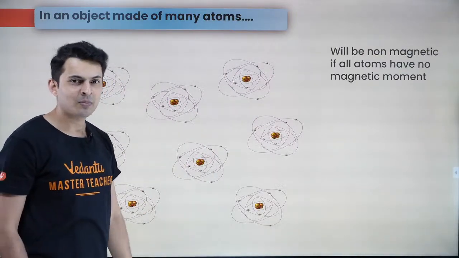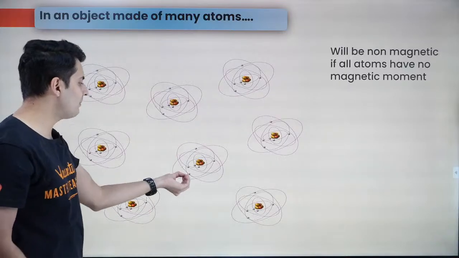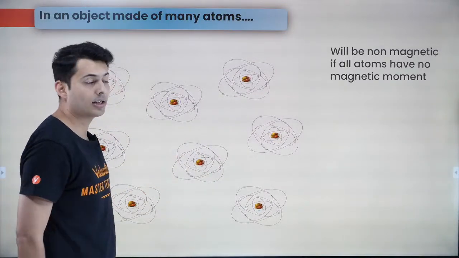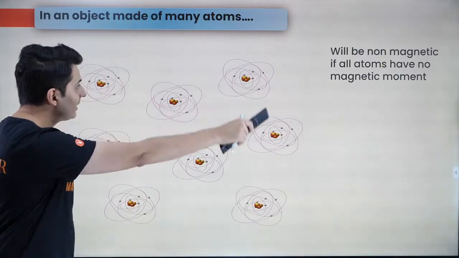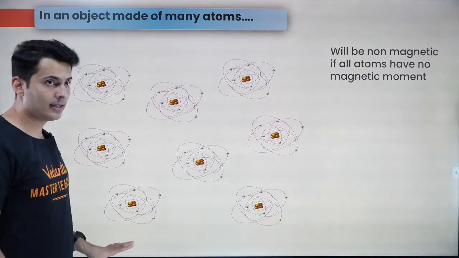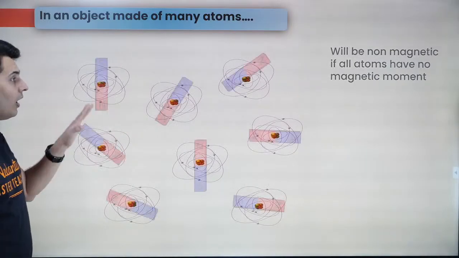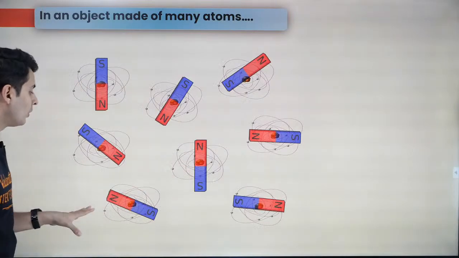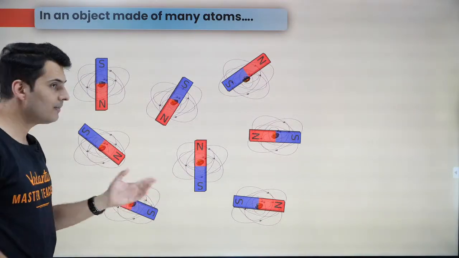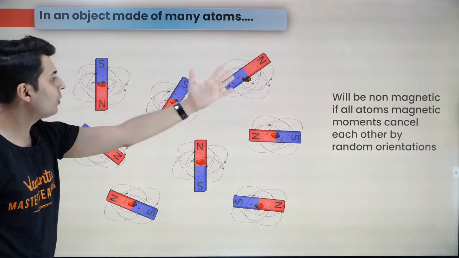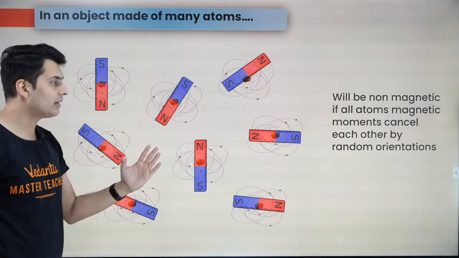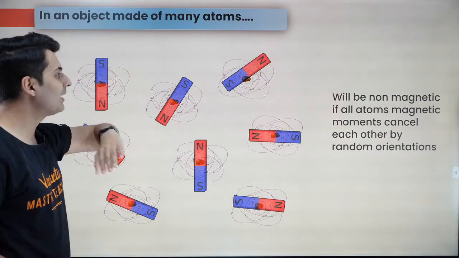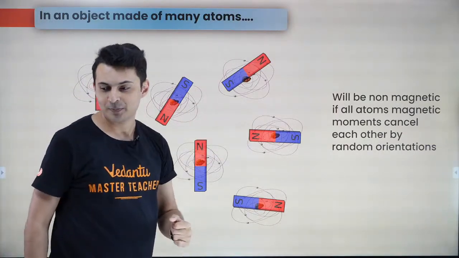Why does it not have it? Because each electron's magnetic moment cancels out each other, so the total magnetic moment is zero. I hope this is clear. Or second possibility, each atom has its own magnetic moment, but they are oriented in a very random manner, because of which they cancel out each other, and that's why the whole object behaves non-magnetic in nature.